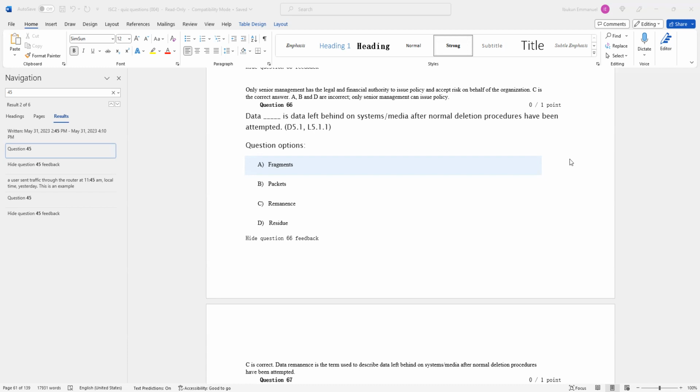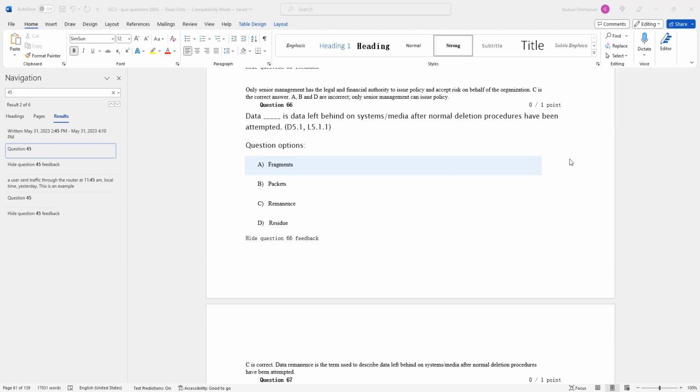Very often, we tend to just wipe the drive and then we send the drive, or we throw away our old systems, including our mobile phones, without actually totally removing all our data by resetting the factory settings if it's our phone. But when it's not our phone, when it's an office system, we degauss.